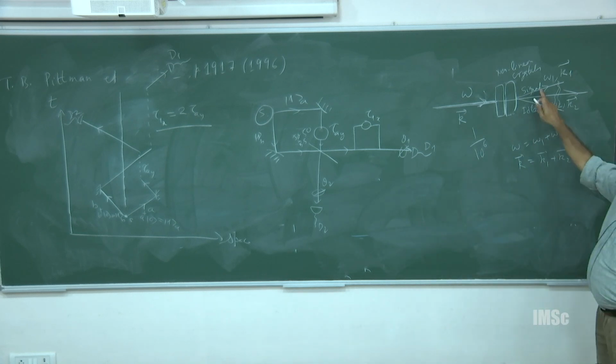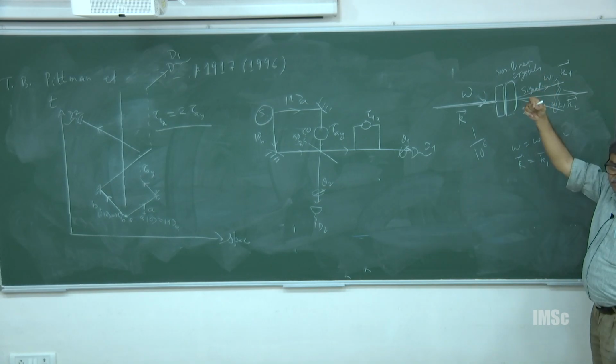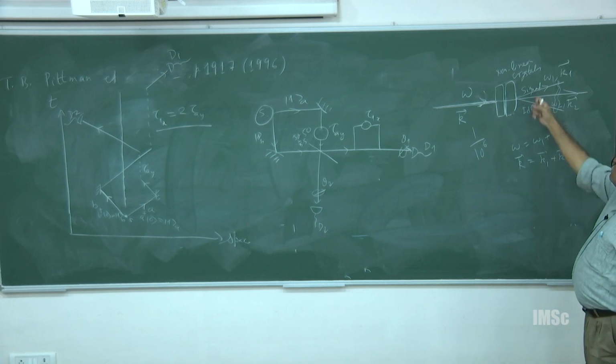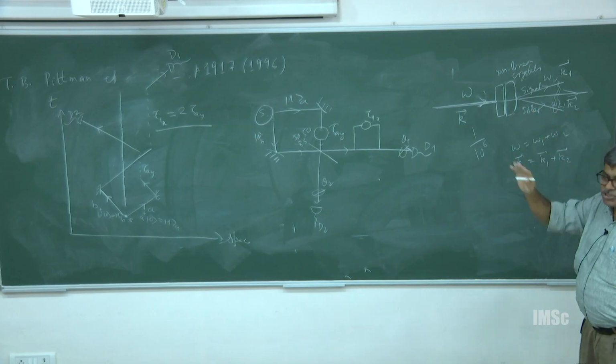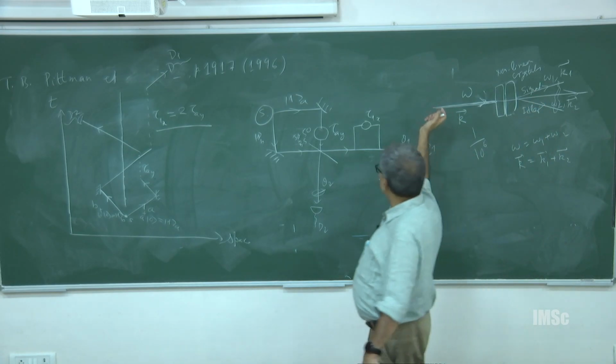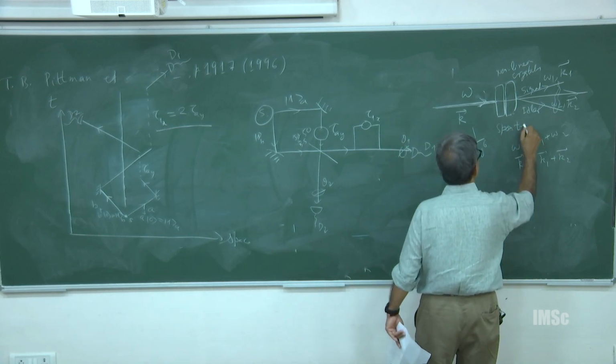So in the signal beam you will have one photon, and correspondingly in the idler beam you will have one photon because of this correlation. If the signal beam has 2 photons, the idler will have 2 photons. If it is 0 photons, it will have 0 photons. So this is called spontaneous parametric down conversion.